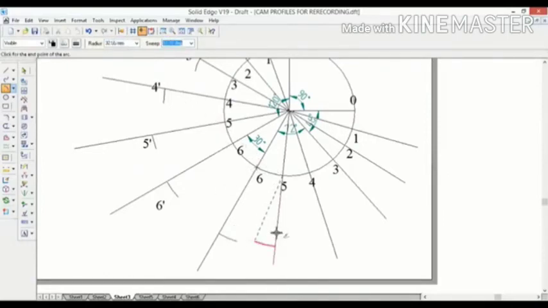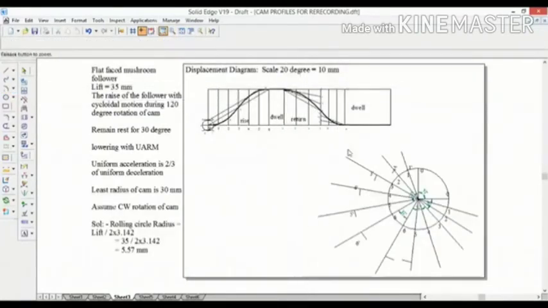Transfer 6 dash, 5 dash and similarly 4 dash.